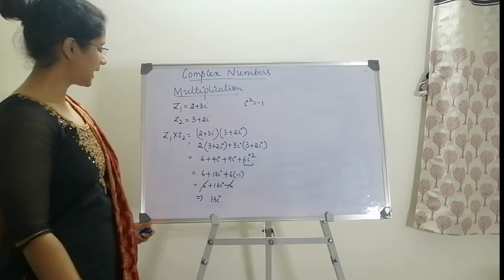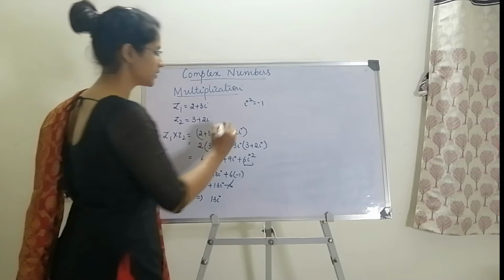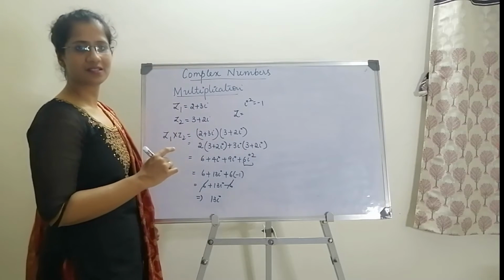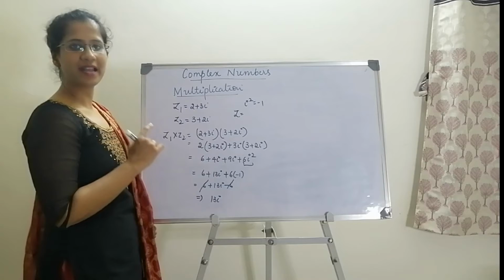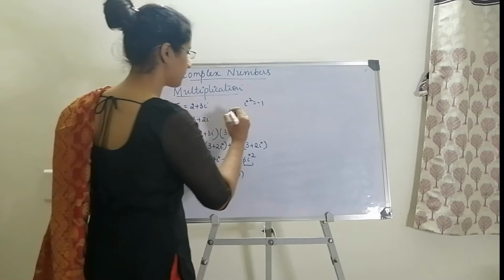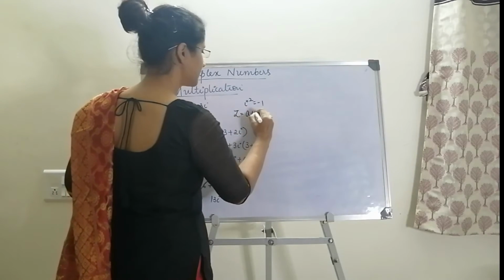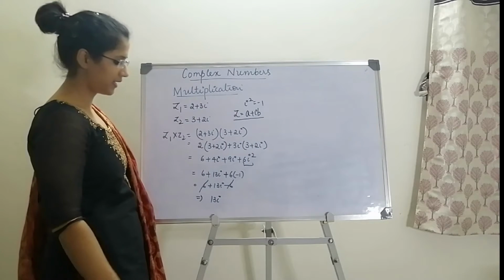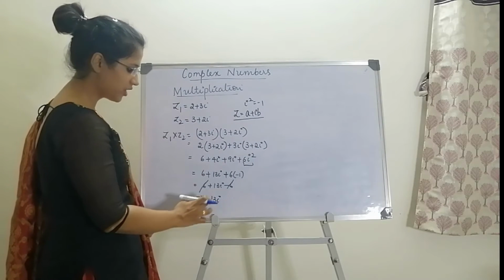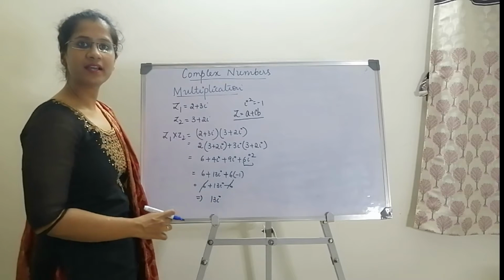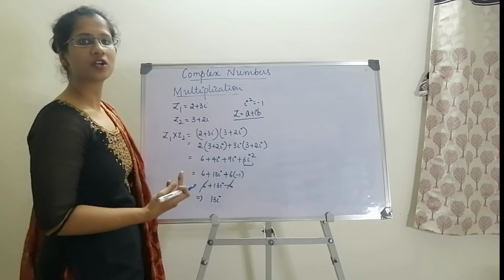But we all know that in complex numbers, whatever answer you get should always resemble the general form. What is the general form of writing a complex number? a plus ib. This is how you denote a complex number, correct? Now, I have only got my imaginary term, that is 13i. My real term is not visible.